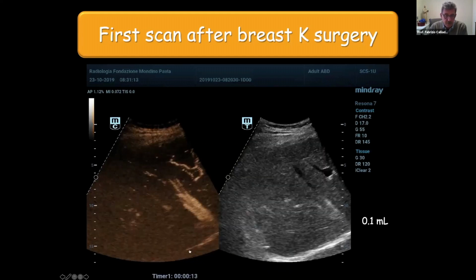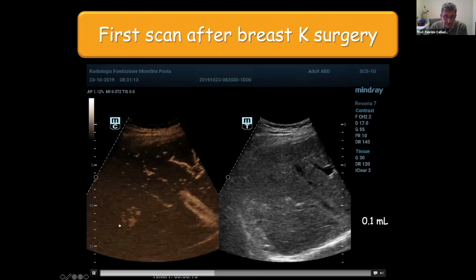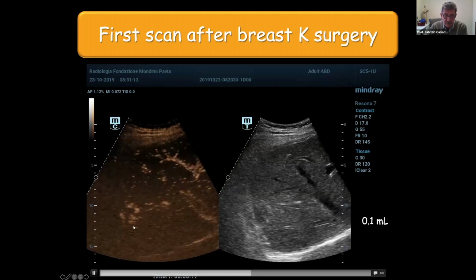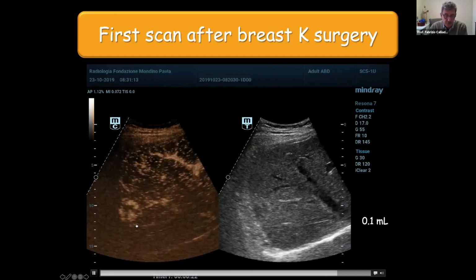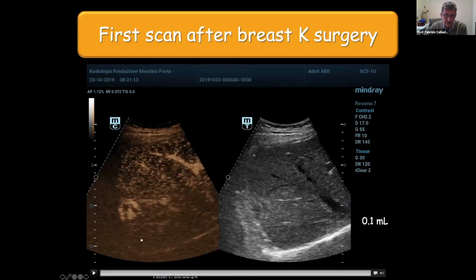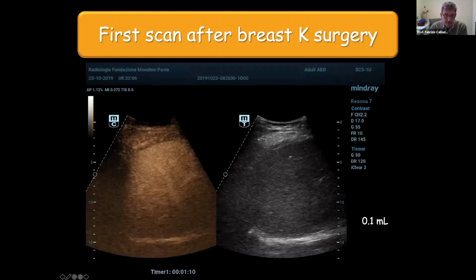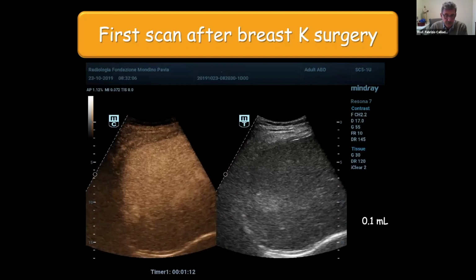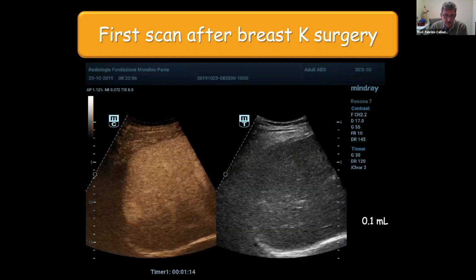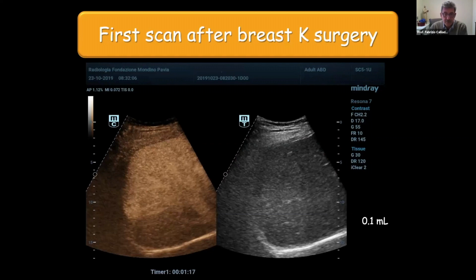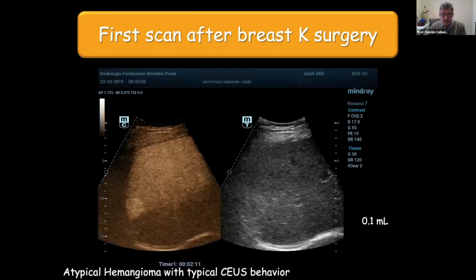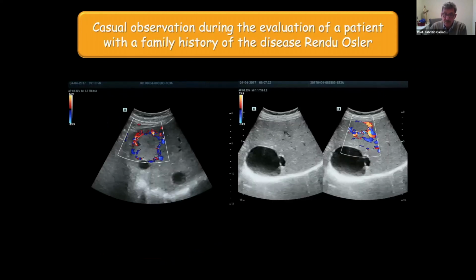Look, no contrast in the liver, but real contrast in the lesion, and you observe peripheral globular enhancement here. 24 seconds, 1 minute, the lesion is full of contrast. And even in this case, the answer is atypical hemangioma with typical CEUS behavior. So even with 0.1 milliliter, which really reduces the dose, you can obtain a good result.